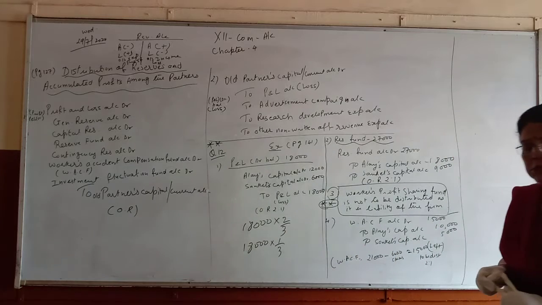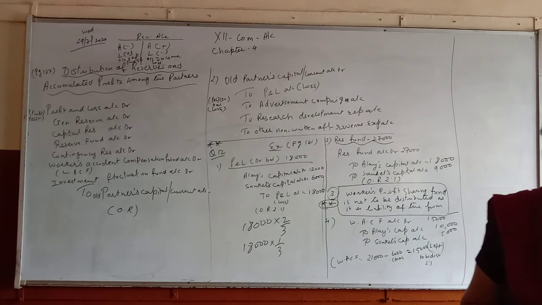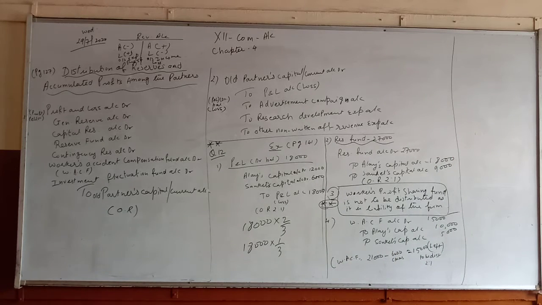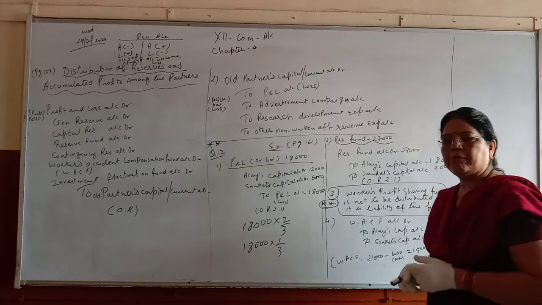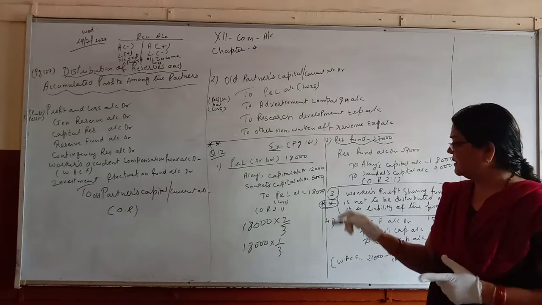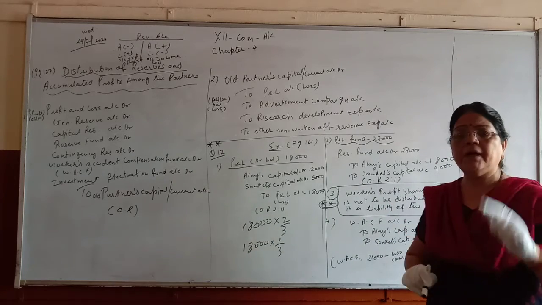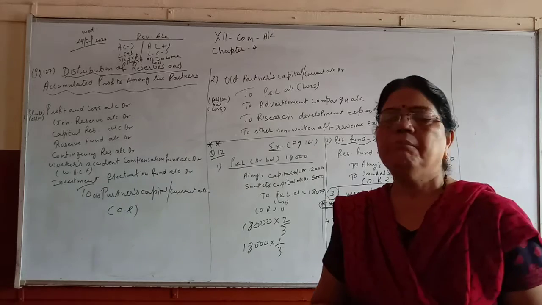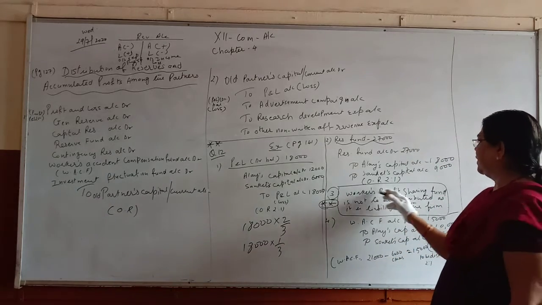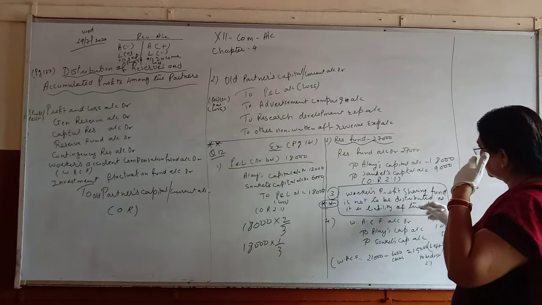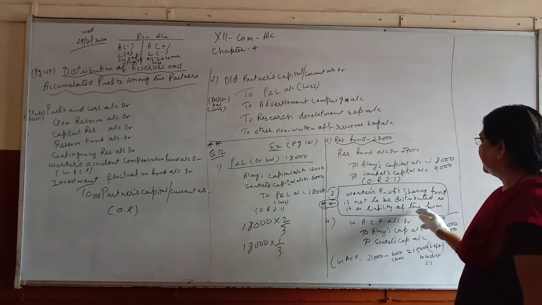Why? Because it is a liability, so it is not to be distributed, as it is a liability of the firm. Only this one account will be shown to you in the balance sheet, but we don't have to distribute. So you only have to write: workers profit sharing fund is not to be distributed as it is the liability of the firm.